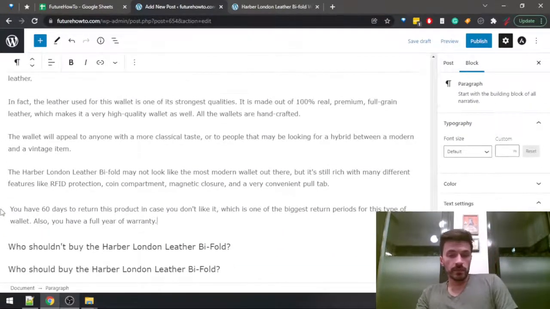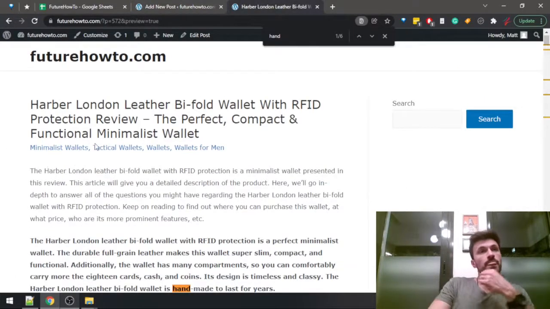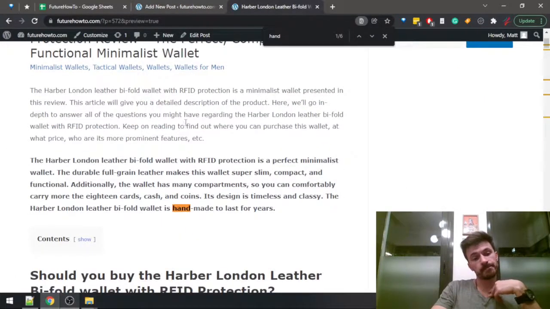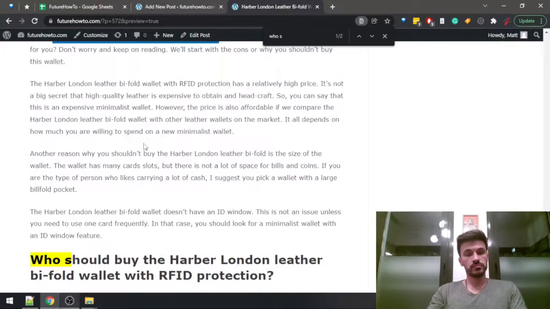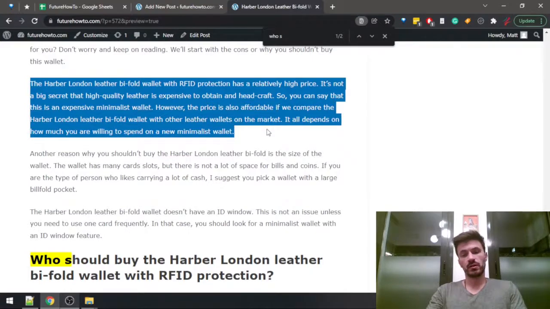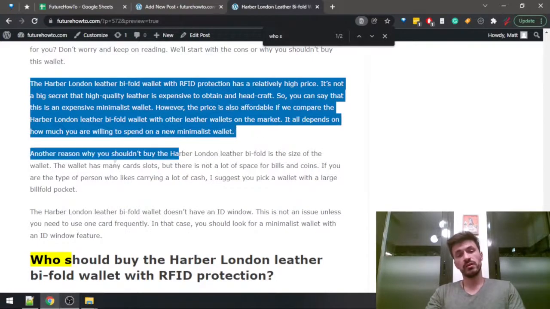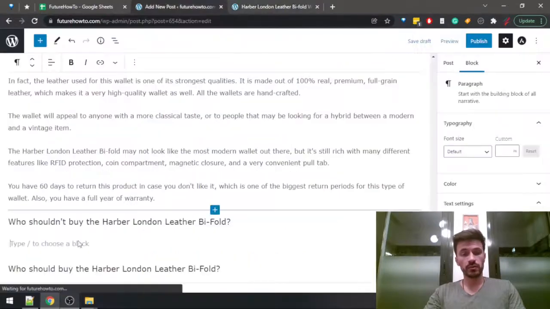Who shouldn't buy? Okay, so it's pricey, kind of. It's large in size, no ID window.